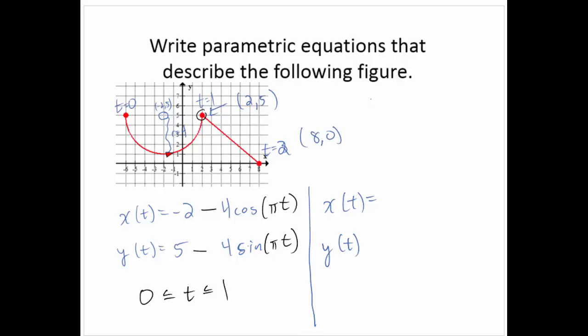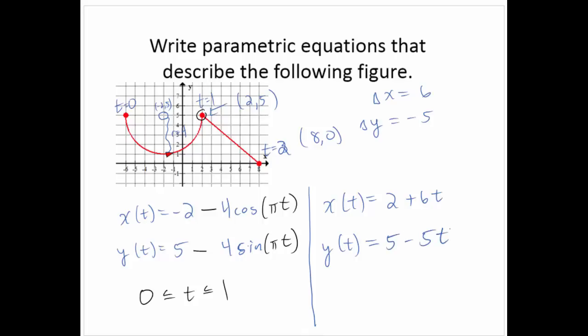So my delta x, my change in x, is 6, and my delta y is -5. So x of t would be 2 plus 6t, and y is 5 minus 5t.